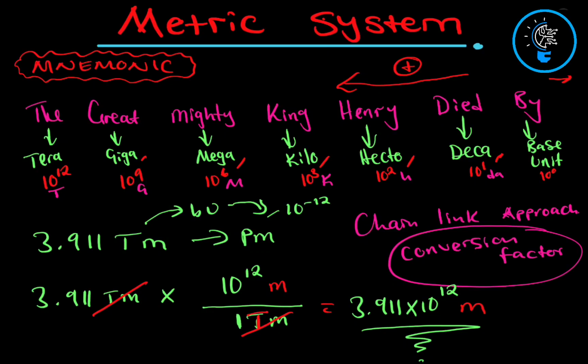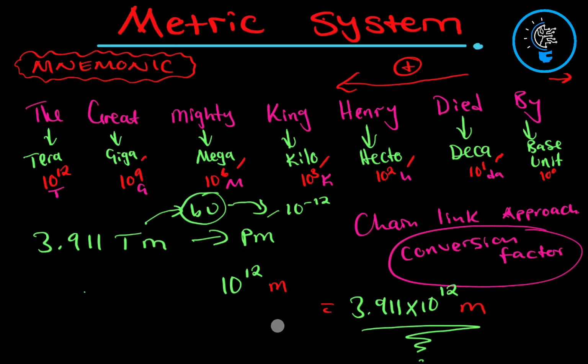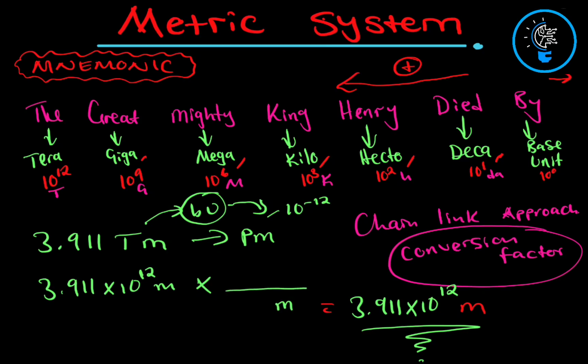Now, this isn't our final solution. We've just converted it into the base unit. Now we need to convert it into picometers. So let's do it. To convert it into picometers, we're going to write these things and say we have 3.911 times 10 to the power 12 meters times, we are interested in having meters cancelled, so we're going to put meters at the bottom.